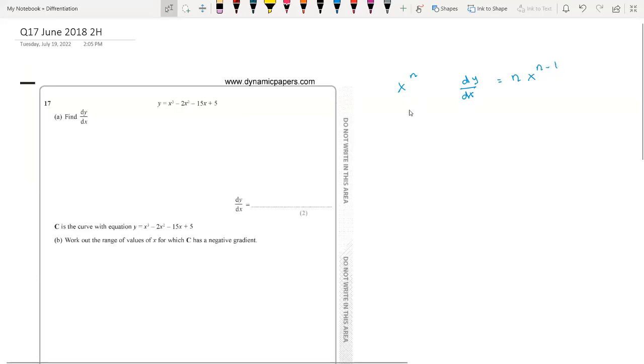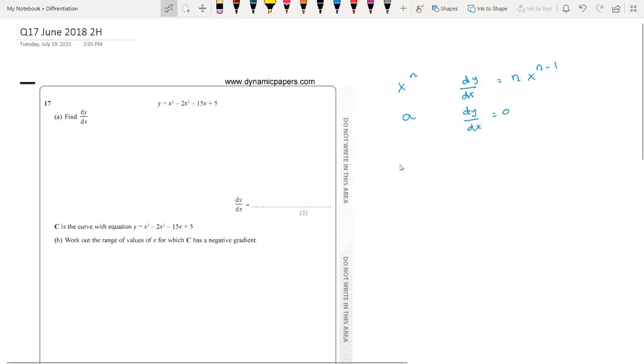If I have a constant, a, for example, then the differentiation, dy by dx, is equal to 0.